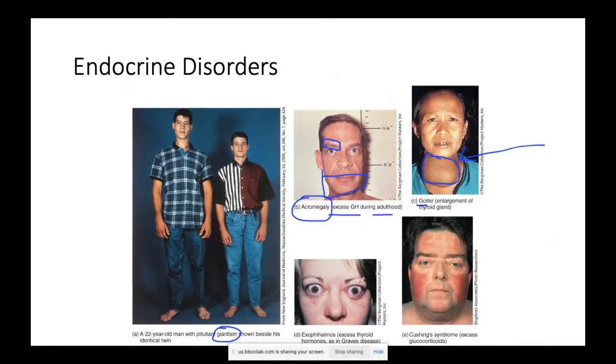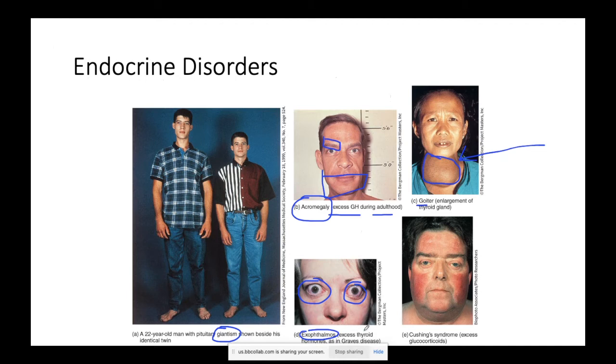If you look down in the center on the bottom, notice the eyes. You should not see the white of the eye all the way around, right? In most people, the top of the lid covers the upper portion of the eye. When you can see the bulging eyes and white all around it, there's a term for that called exophthalmos.